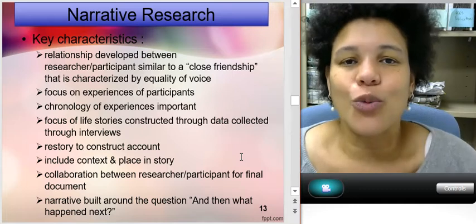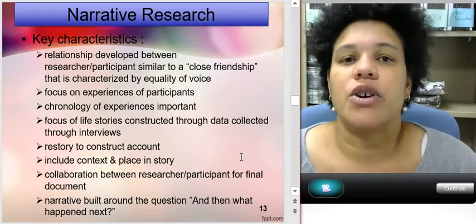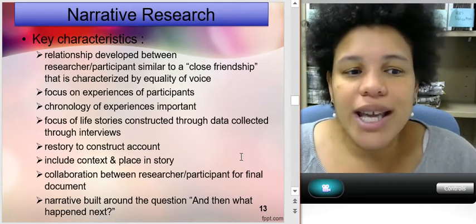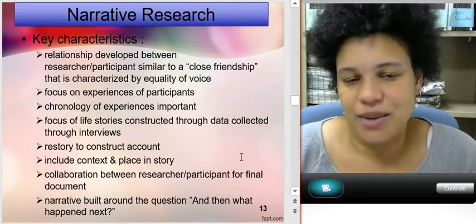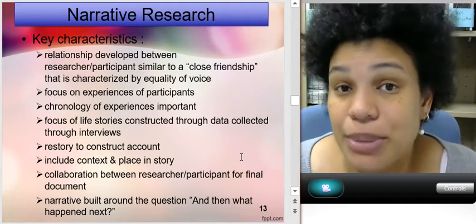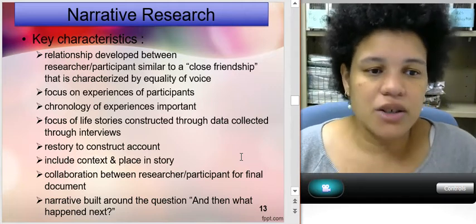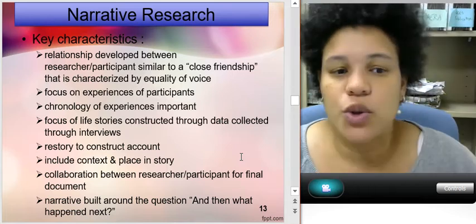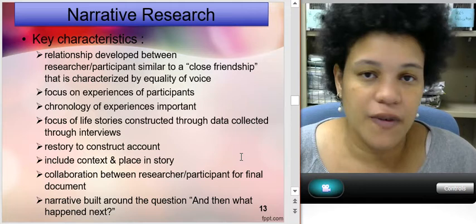You are retelling the story as you construct it, as the researcher. And we include context. It's important to understand the place and the time in a particular story. And there's usually some kind of collaboration between the researcher and the participant for the final document.